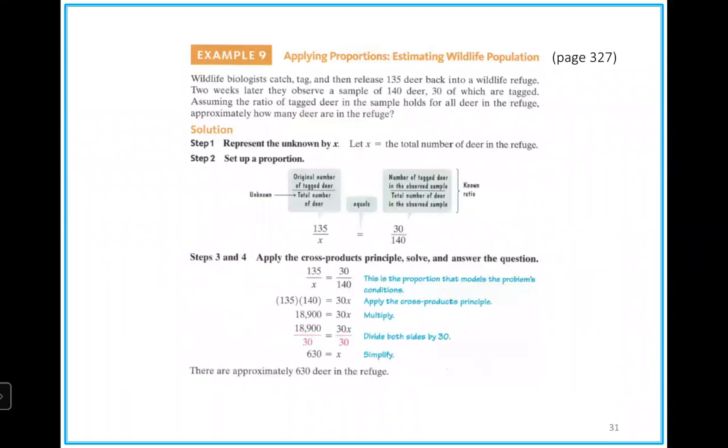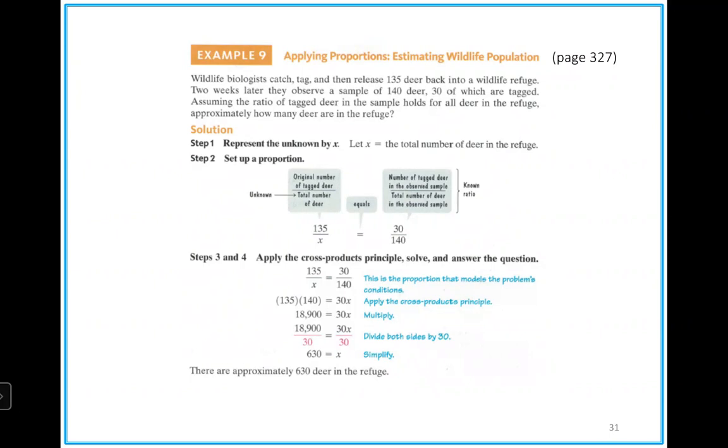Okay. So now another type of application for proportions is persons who want to estimate populations. In this case, we are looking at biologists who catch, tag, and then release animals into the wild.